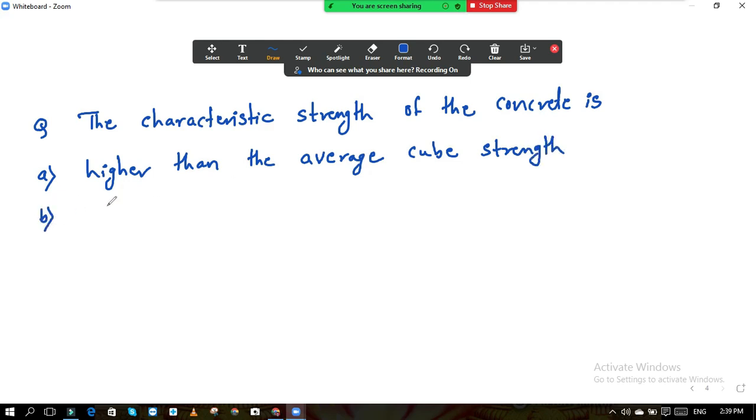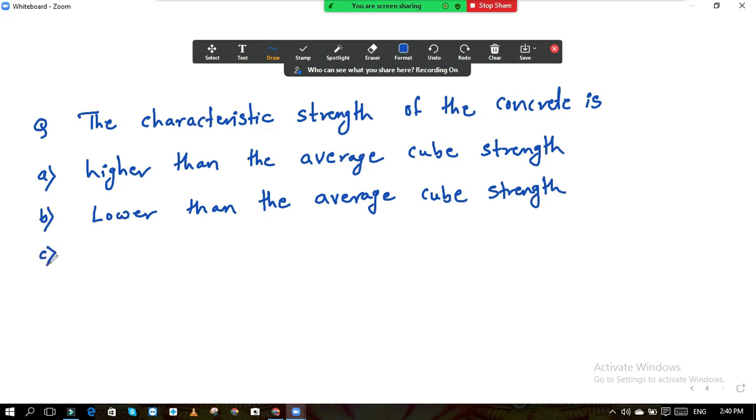Option B, lower than the average cube strength. Option C, the same as the average cube strength.